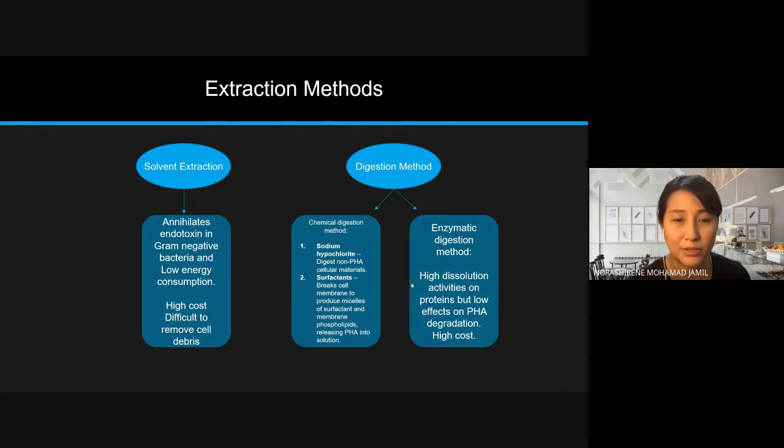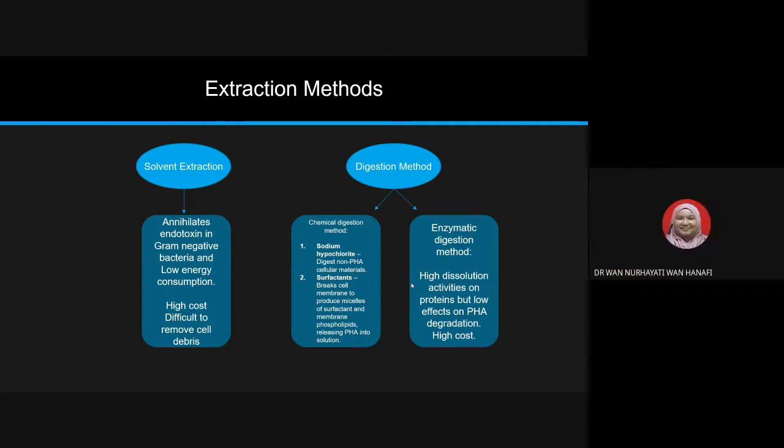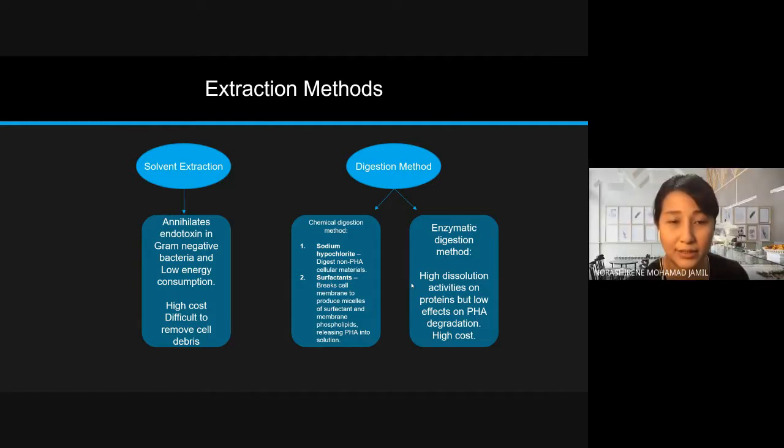So I would suggest that in your writing, you should have a table with solvent extraction and digestion method, and then list down all of the methods, whether chemical or enzymatic digestion. And then you should also put whether it is high or low in terms of purity and in terms of recovery.